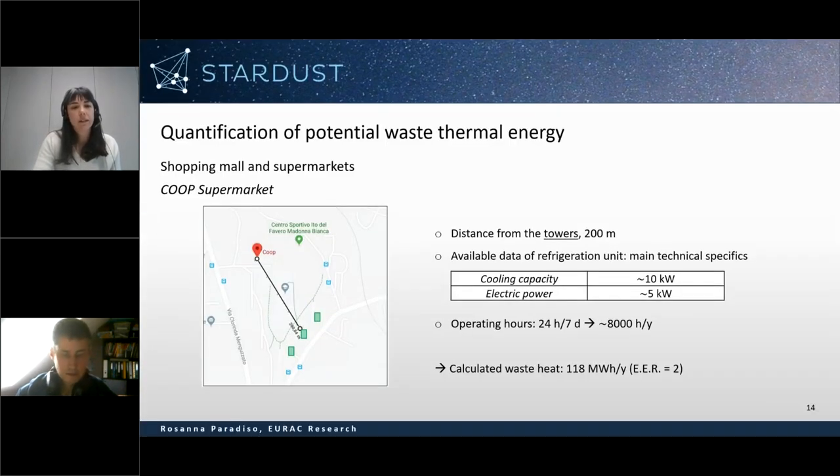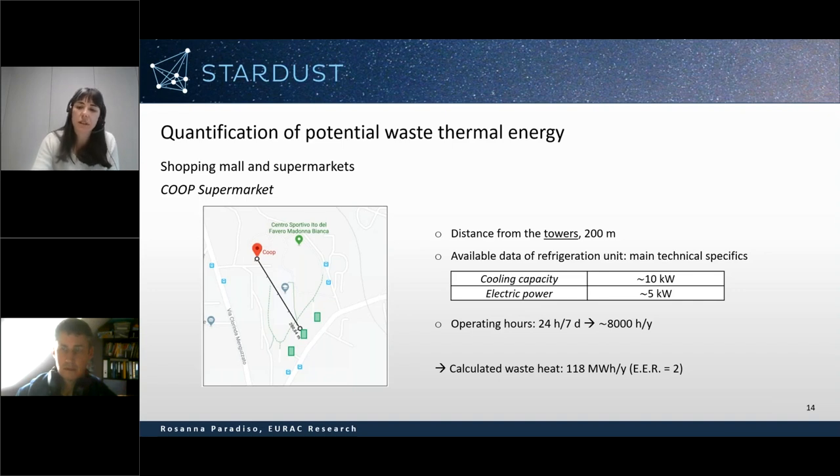Then we also detected a supermarket very close to the towers, 200 meters, but we had very little information from this activity. We only know that they have a very small refrigeration unit within the grocery, let's say the supermarket.